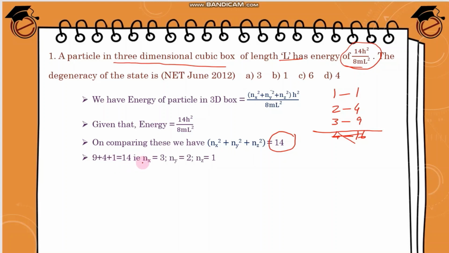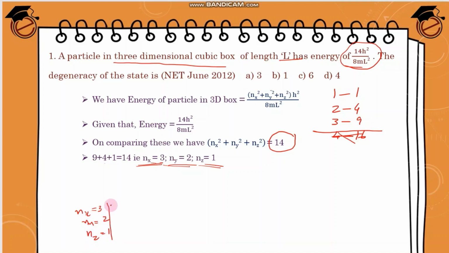The corresponding nx, ny, nz values: square of nx is 9, so nx will be 3. Square of ny is 4, so ny will be 2. Square of nz is 1, so nz will be 1. So the levels will be 3, 2, 1. Here it is represented as nx equal to 3, ny equal to 2, and nz equal to 1.